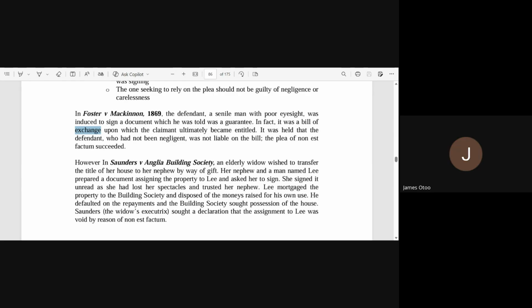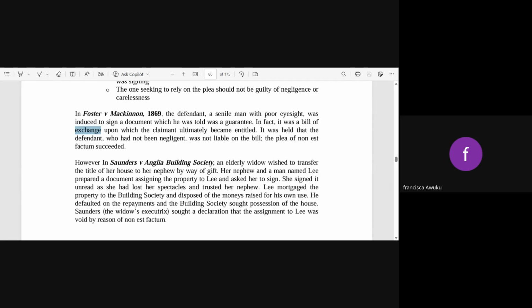However, in Sanders versus Anglia Building Society, an elderly widow wished to transfer the title of a house to her nephew by way of gift. Her nephew and a man named Lee prepared a document assigning the property to Lee and asked her to sign. She signed it without reading, as she had lost her spectacles and trusted her nephew. Lee mortgaged the property to the building society and disposed of the money raised for his own use.